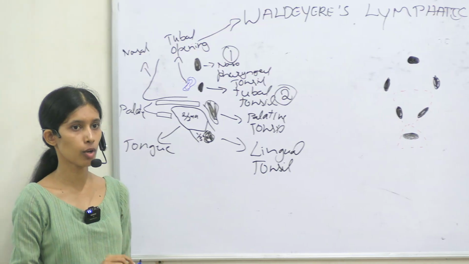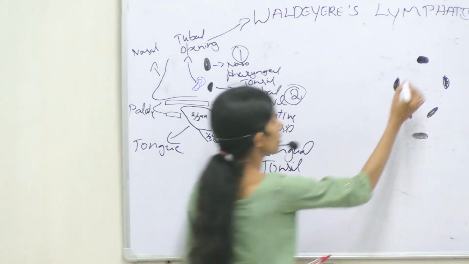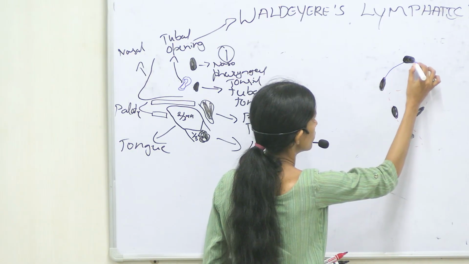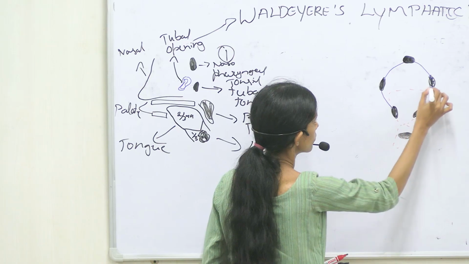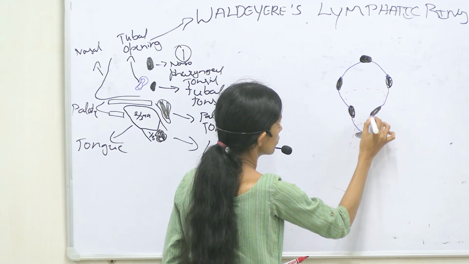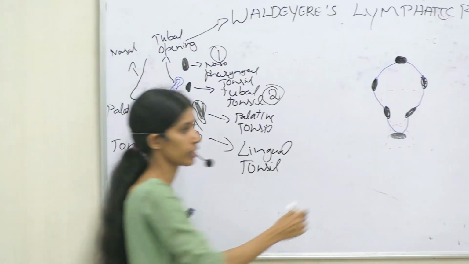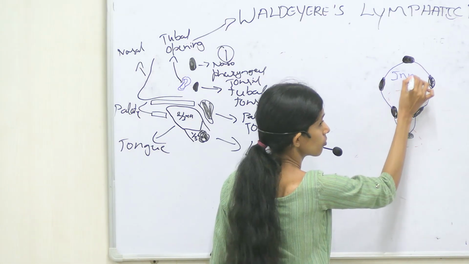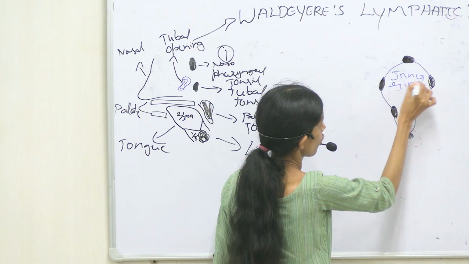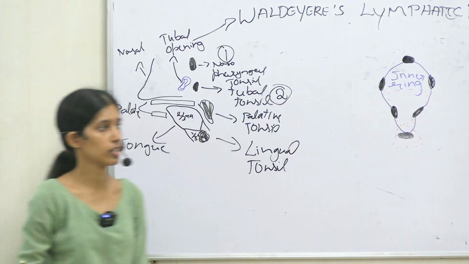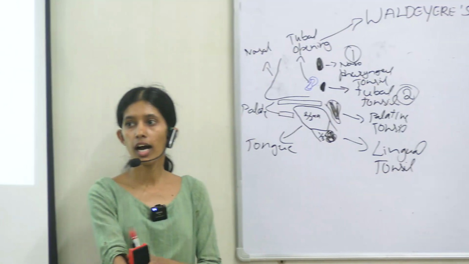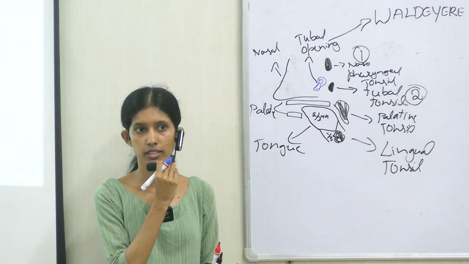So if I join all these tonsils, it will form the inner ring of your Waldeyer's lymphatic ring. Please concentrate on this side.